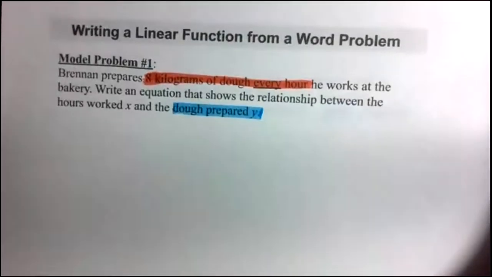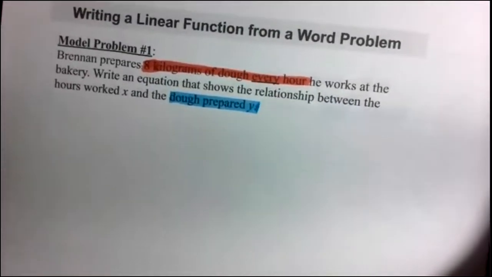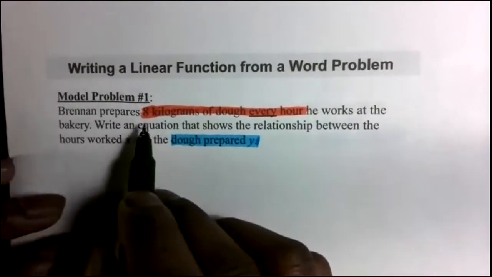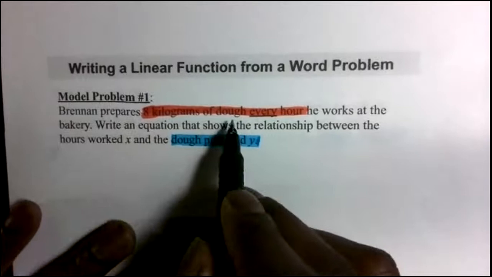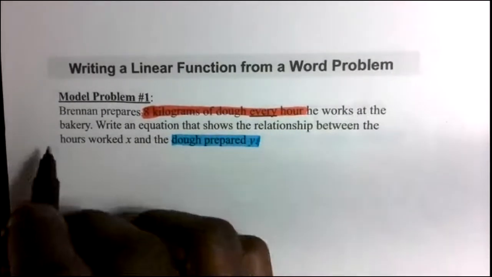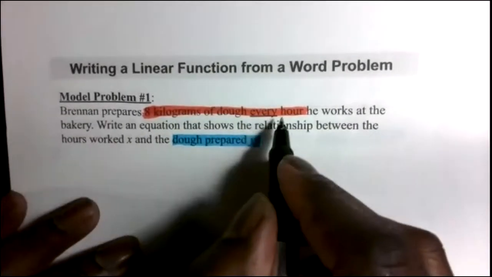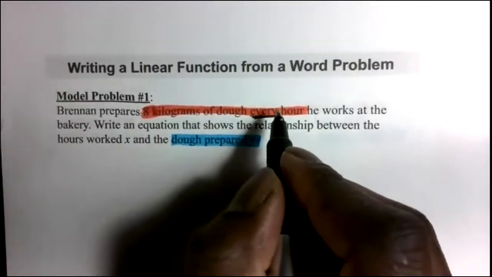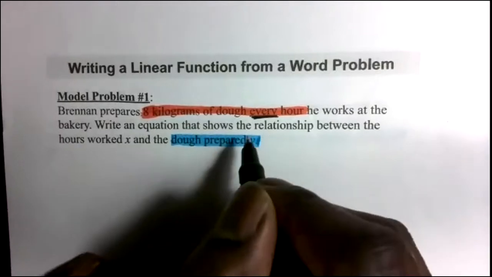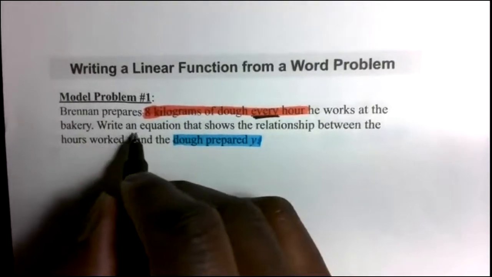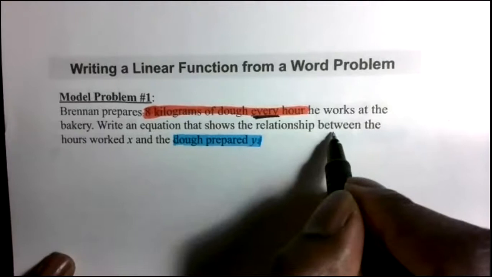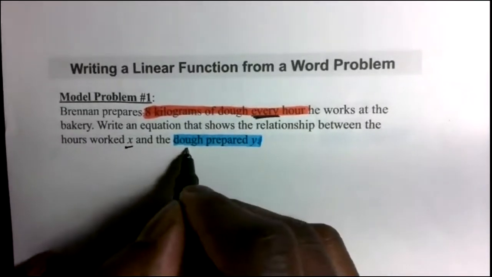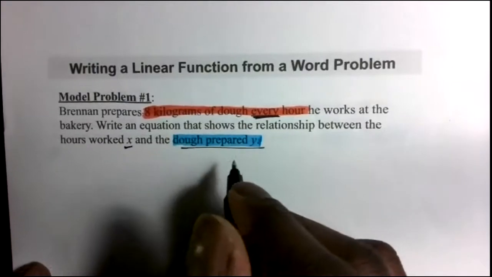The first example says Brennan prepares 8 kilograms of dough every hour he works at the bakery. So every hour he works, and keep in mind this word every. We have to write an equation that shows the relationship between the hours worked, which is x, and the amount of dough prepared.